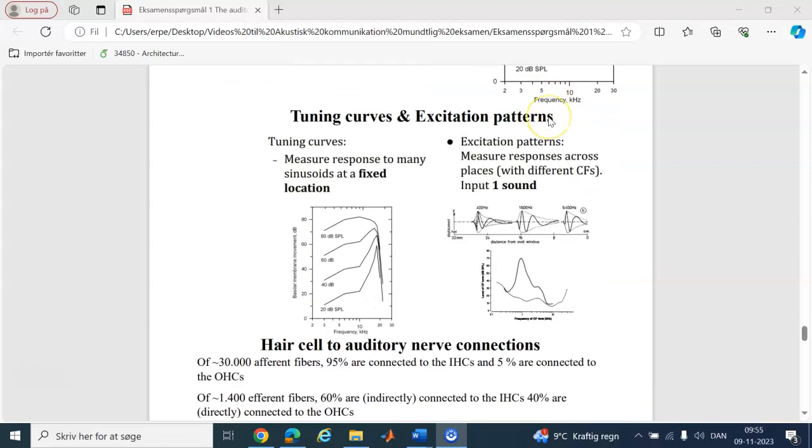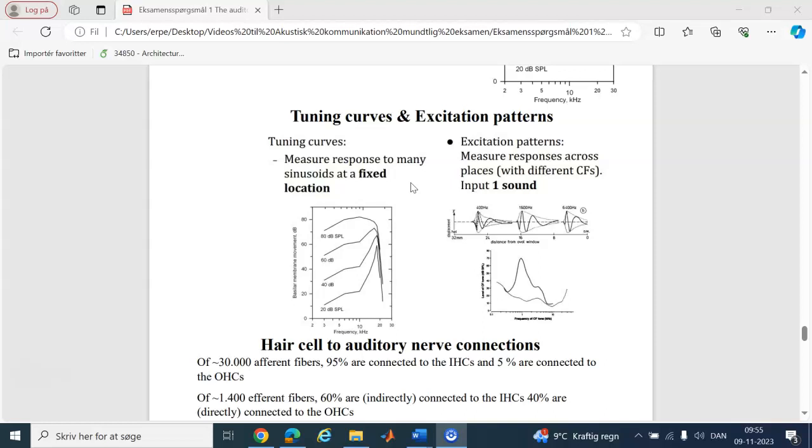So tuning curves measure response to many sinusoids at different frequencies at a fixed location.